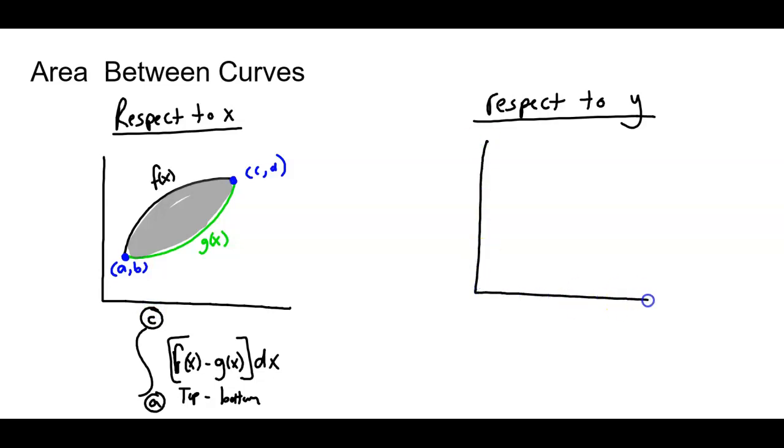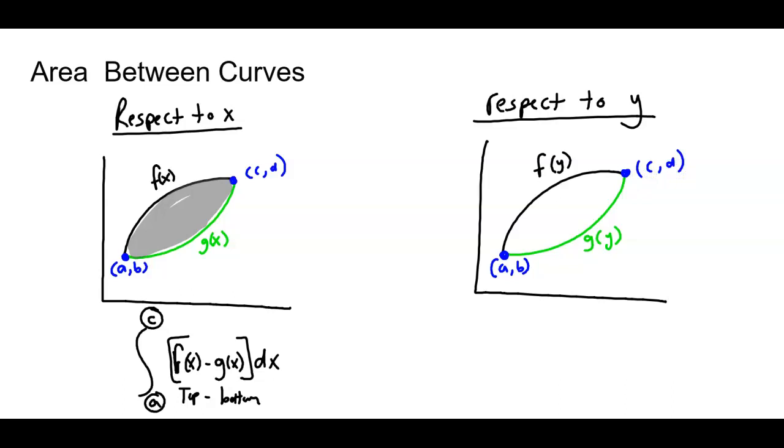Now, if you wanted to do it with respect to y, a couple of changes need to take place. First of all, your equations have to be in terms of y instead of in terms of x. We'll use the same letters and points here.